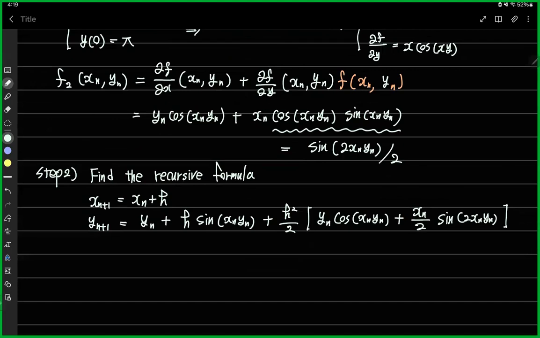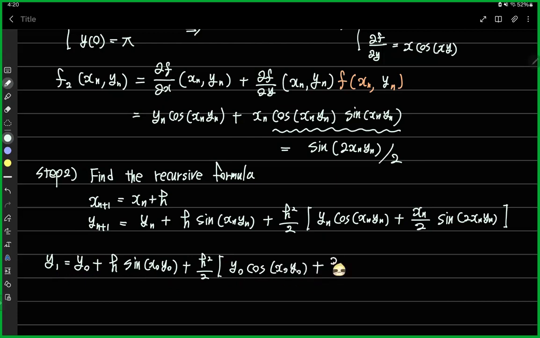Recursive formula means that using the formula we can find the value or approximation sequentially, continuously. So then y0 is what? y1 is equal to y0 plus h times sine x0 y0, plus h squared over 2 times y0 cosine x0 y0, plus x0 over 2 times sine 2 times x0 y0.